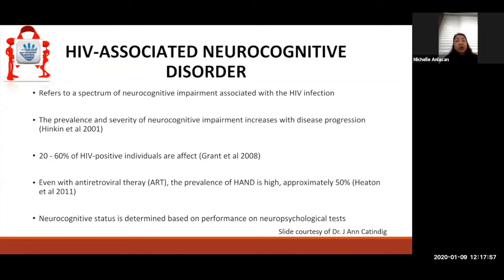And this occurs even with proper antiretroviral therapy. Neurocognitive status is determined based on their performance, usually on neuropsychological tests. You might have the impression that these are very complicated tests, but no. I will teach you many tools that you can easily access and actually do on our patients. So this slide is courtesy of Dr. Katindi, who's also a neurologist working in Jose Reyes Hospital. Next, please.